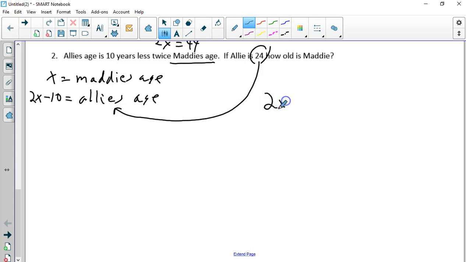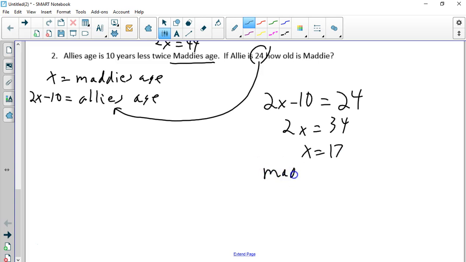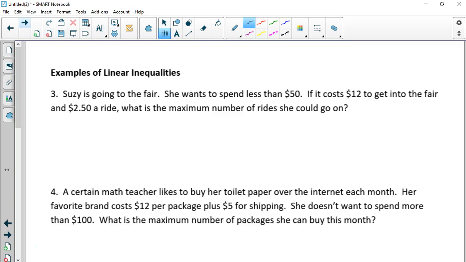So, 2x minus 10 equals 24. Add 10 to both sides. x is 17. So, answer a word problem with words. Maddie is 17. And once again, you can check it. If you double that and take away 10, you get 24. All right.